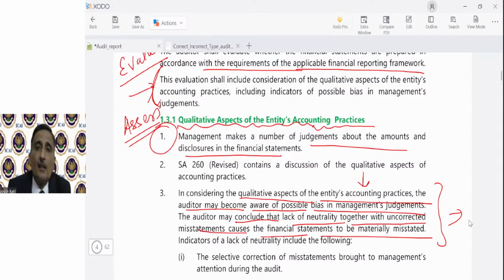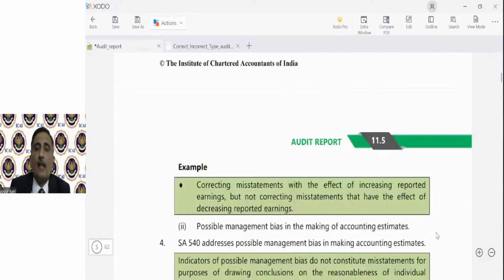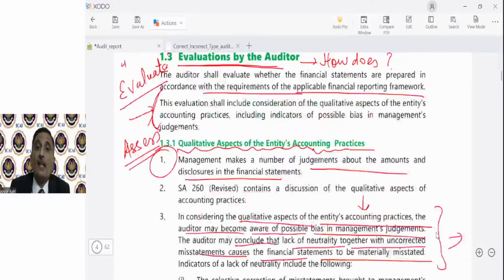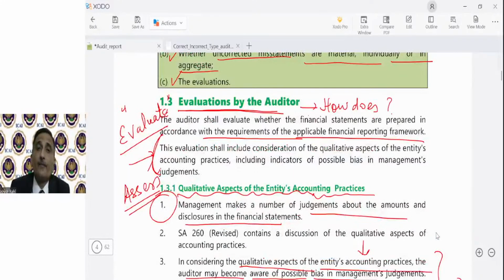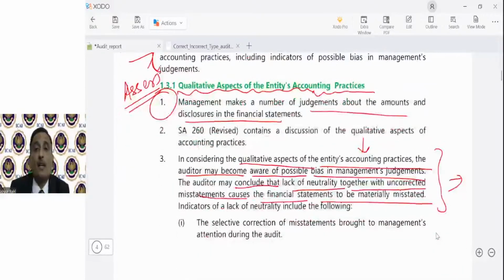So if the auditor thinks that there is a management bias, that management is biased towards selecting particular accounting policies which are causing misstatements in the financial statements, then this aspect has to be taken into consideration by the auditor while evaluating the conclusions drawn on the basis of audit evidence which he has obtained.